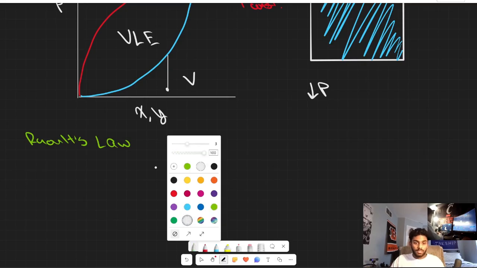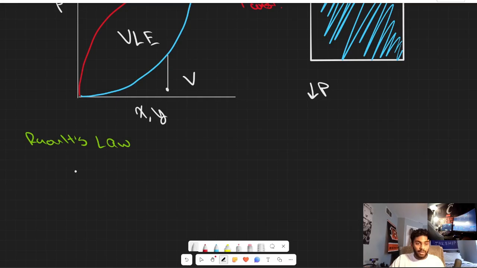So Raoult's law is defined as such. It is defined as the liquid mole fraction of component i times the saturation pressure of that component is equal to the vapor mole fraction of component i times the total pressure. This is Raoult's law.